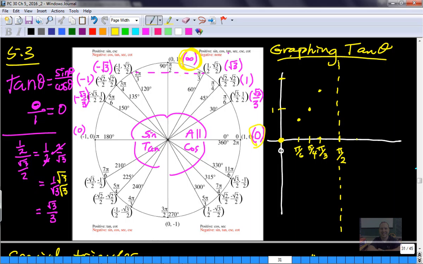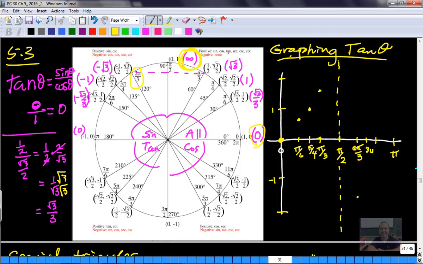Alright, we're going to put a few more points on this graph, including pi over there. Let's quickly write this out. 2 pi over 3 is right here on your graph. That's the next one, and that's a negative root 3. We just had a positive root 3, so let's do the negative version, so negative 1.7 or so.